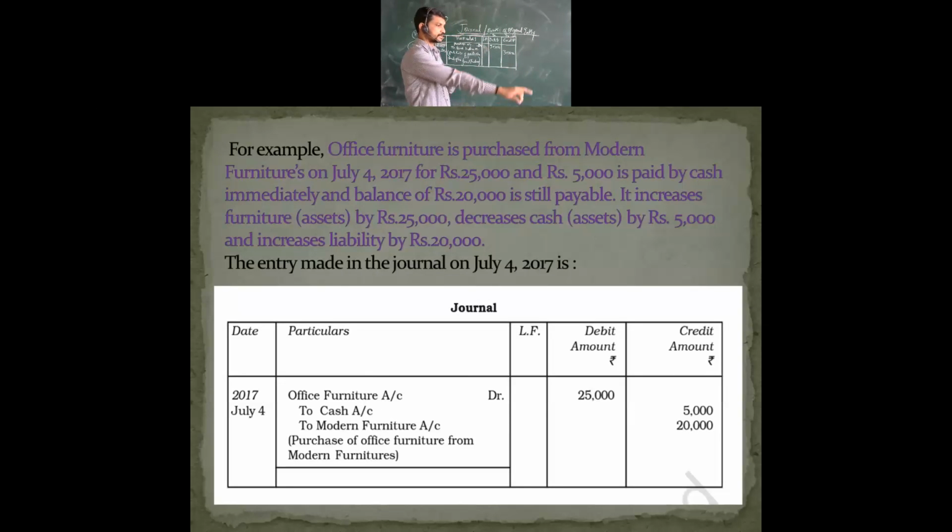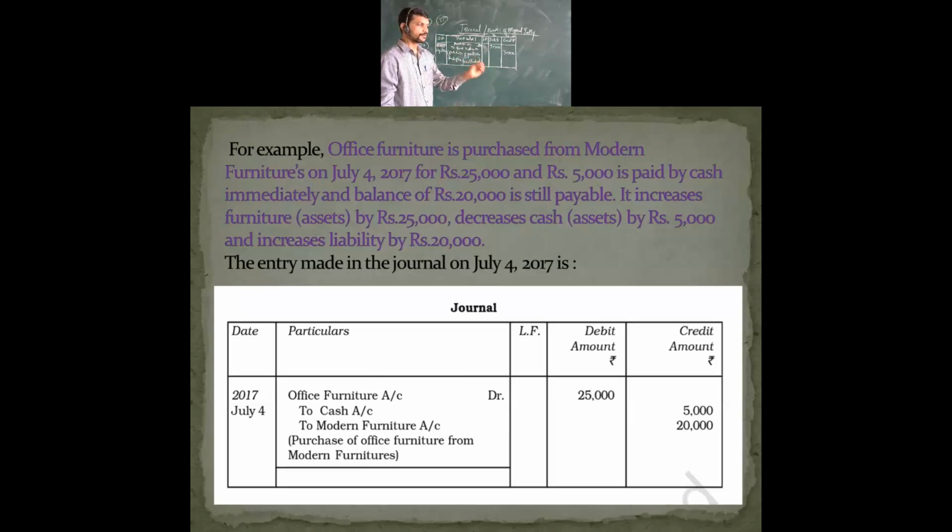Next, even here. Now this is one simple journal entry. This is another one. Office furniture is purchased from Modern Furnitures, that is the shop name, on July 4, 2017, for 25,000 rupees, and 5,000 is paid in cash immediately, and the balance is still payable.